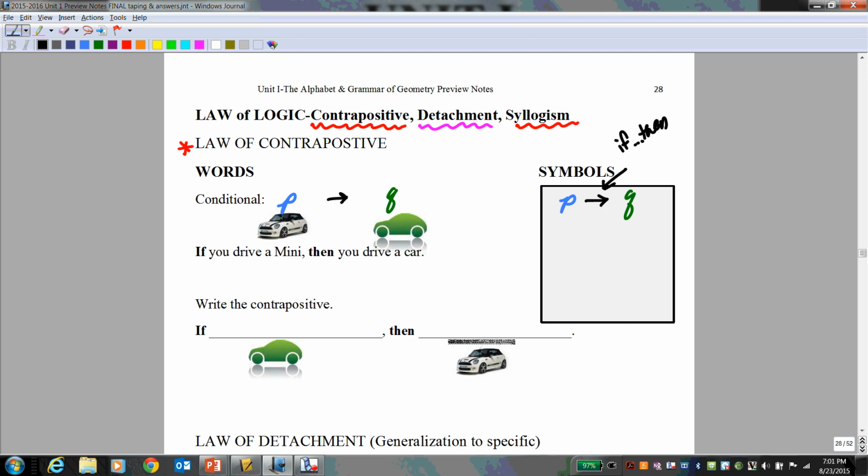Let's write out the contrapositive. Contrapositive, we switch and negate. So ready? We switch. We're going to write: if you don't drive a car, then you don't drive a Mini.